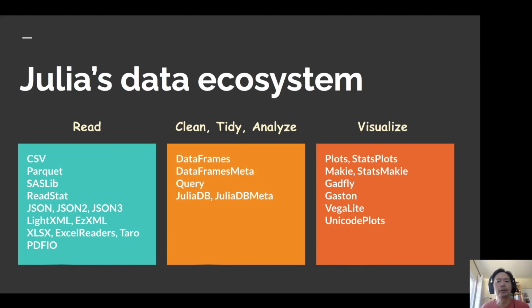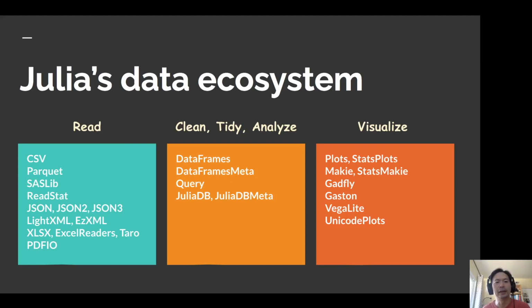In terms of Julia's data ecosystem, I classify these into different phases of your data wrangling workflow: read, clean, tidy, analyze, and visualize. As you can see on the read box, for different kinds of data formats, you typically can find different Julia packages that will help you get data into computer memory.